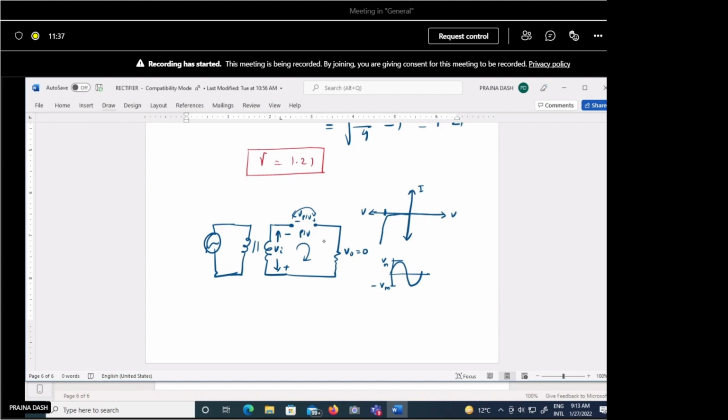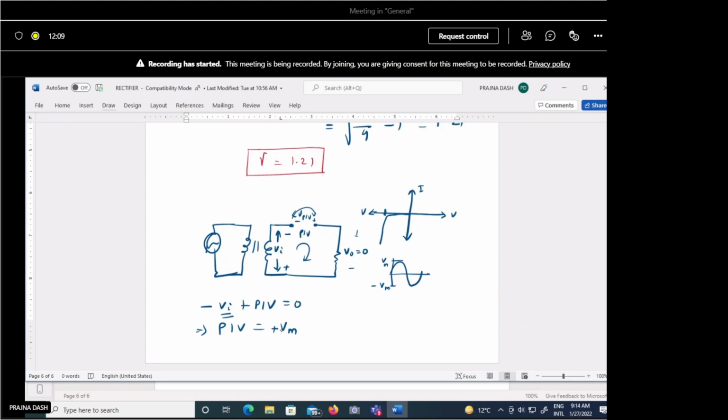So, positive to negative, minus Vi, plus negative to positive, plus peak inverse voltage, equals 0. Since we are calculating the maximum limit, we take not Vi but Vm, the peak of the voltage. So PIV is equal to plus Vm.